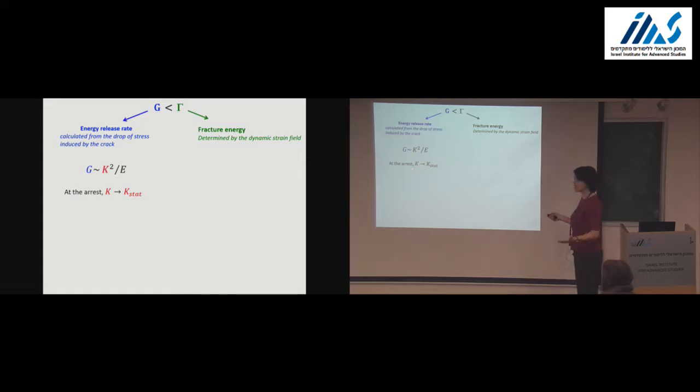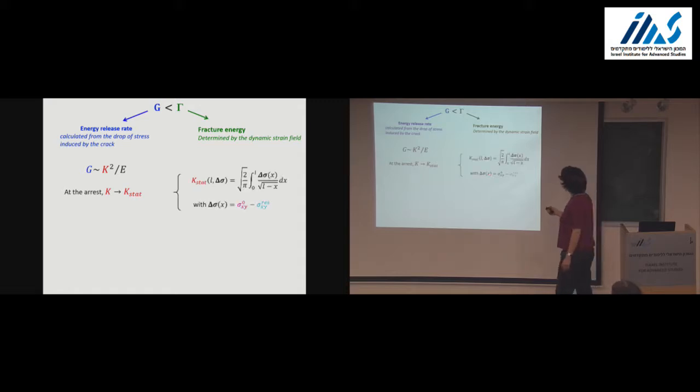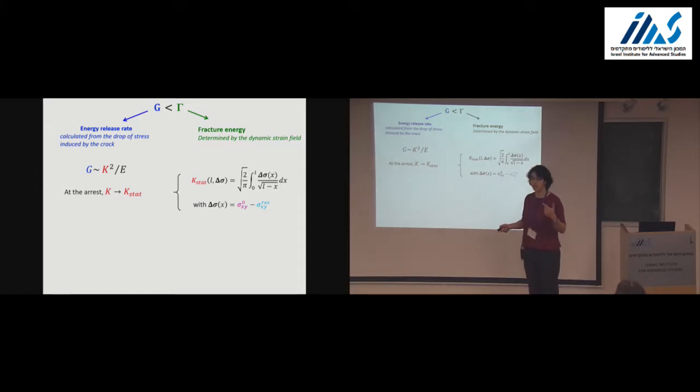And at the arrest, as the front velocity goes to 0, all the quantities become static, K stat. We can calculate K stat using, for example, the Eshelby formulation by integrating delta sigma, the drop of stress induced by the rupture propagation, divided by the singular field. Then delta sigma is equal to the initial stress before the front passed minus the residual stress, what's left in the wake of the front.